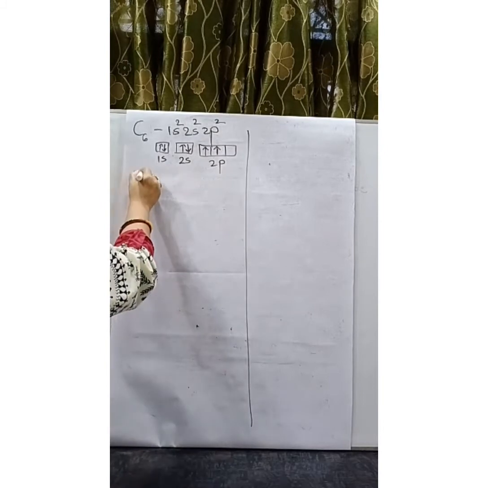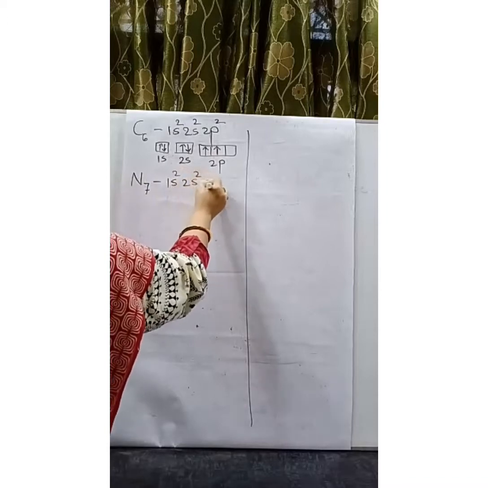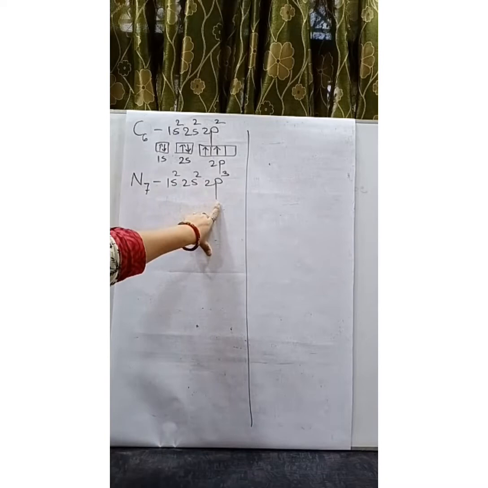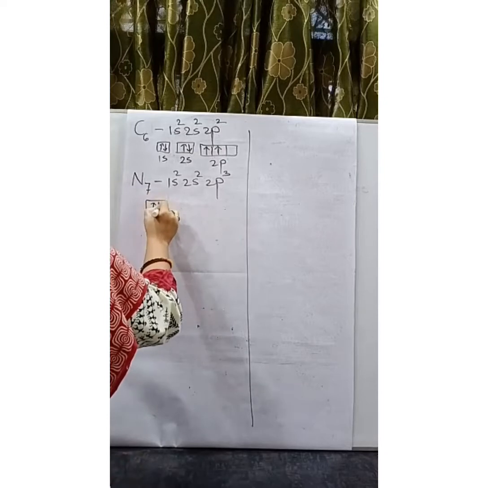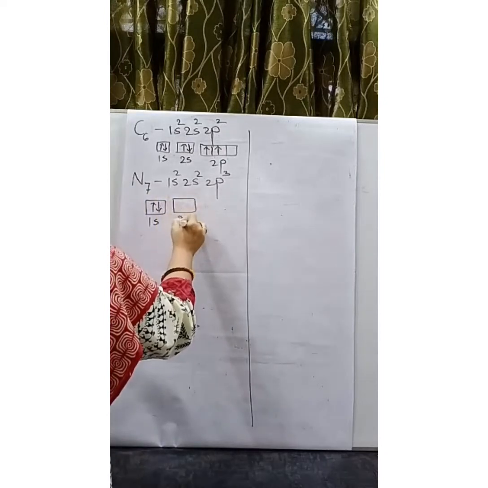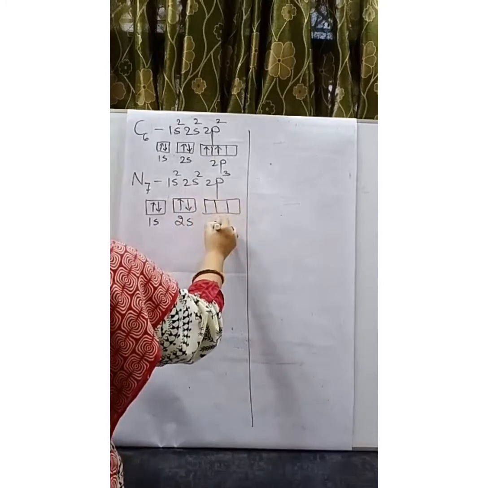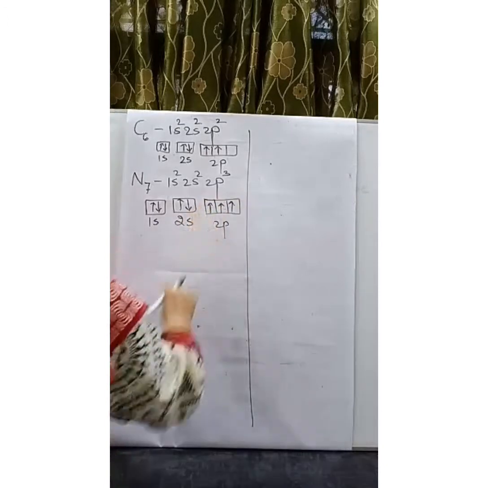Then after that we have nitrogen: 1s2, 2s2, 2p3. Now the capacity of the p orbital is 6 electrons. Why 6? Because 3 suborbitals are present within this and the capacity of each orbital is 2 electrons. So 1s has 2 electrons, 2s has 2 electrons, and in 2p, 1, 2 and 3 are singly occupied.